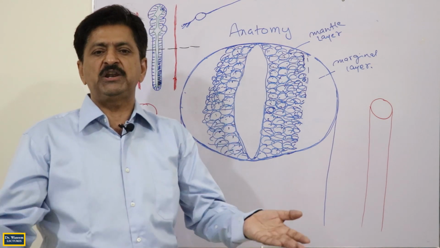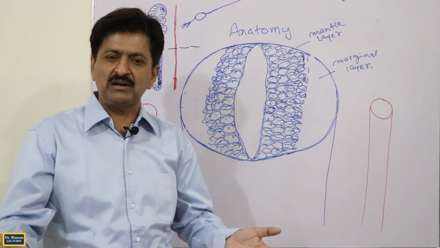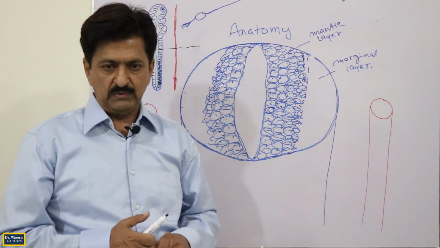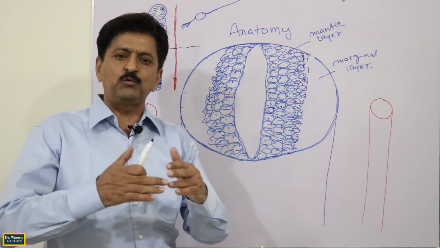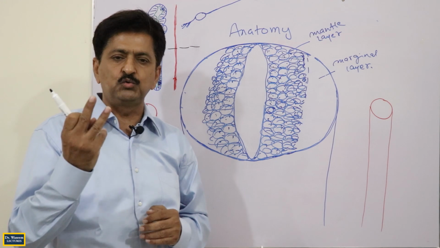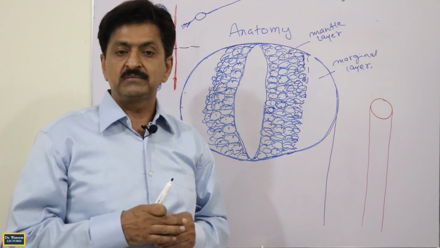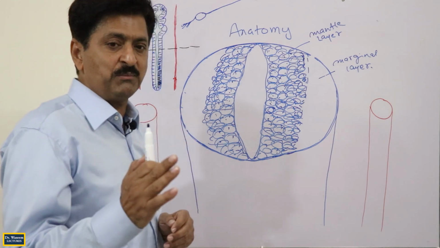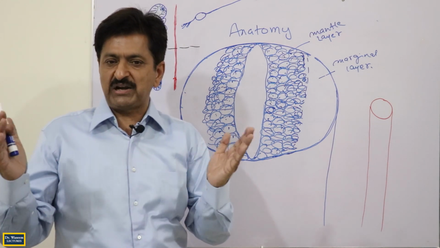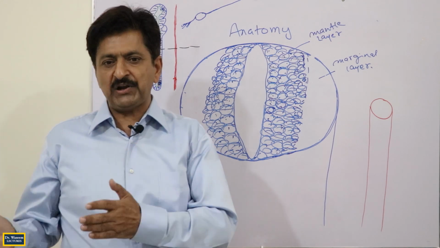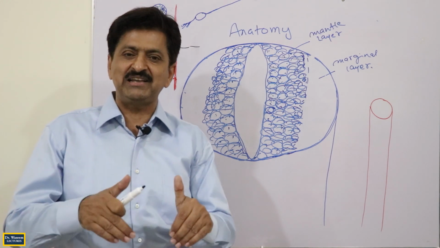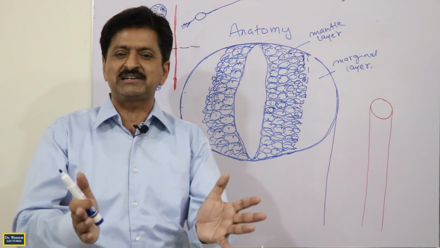Here the gray matter will be peripheral, the gray matter is outer and the white matter is inner. That means the gray matter of the cerebrum is peripherally arranged, and because it is peripherally arranged, the white matter is centrally arranged.